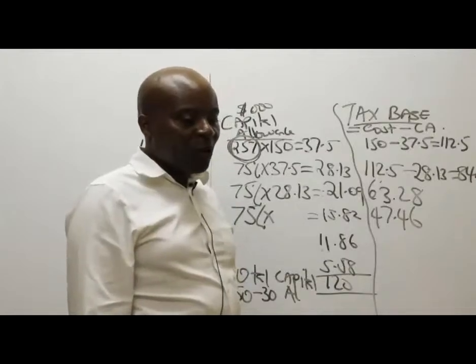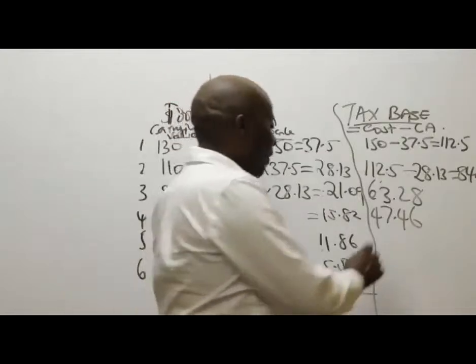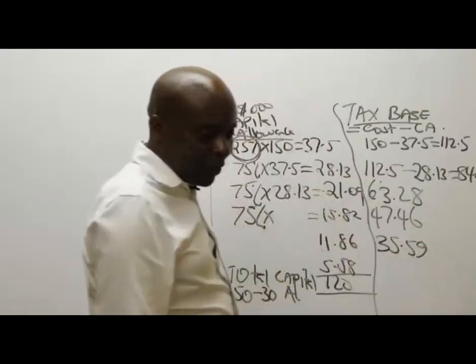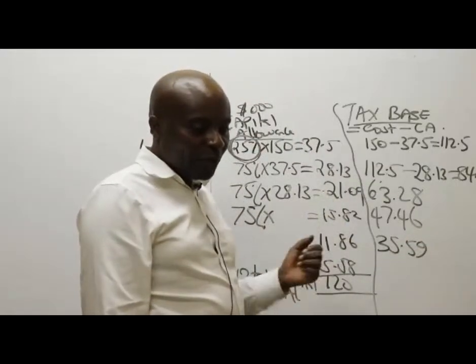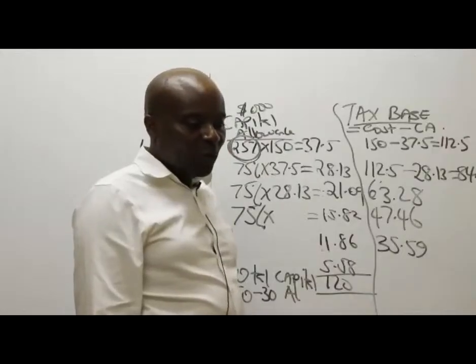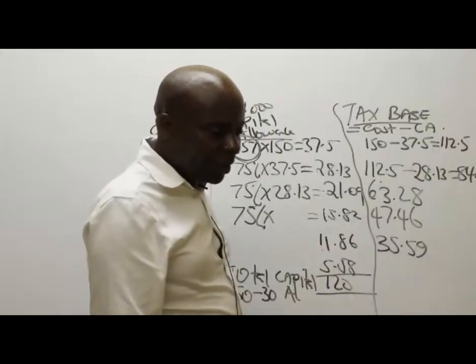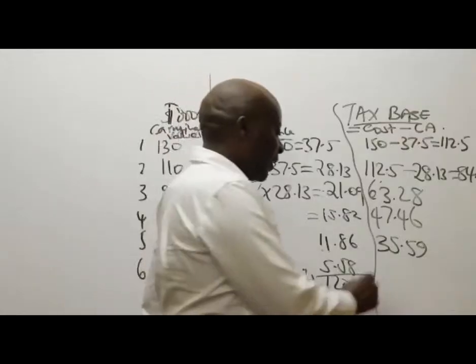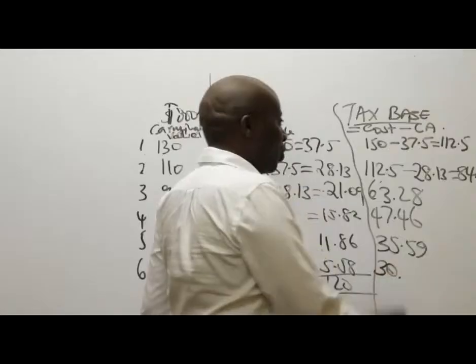We have here 35.59, and then we have now the last one. The last one will be what here, somebody? 30 or 29 point something. Most of them are saying 30. Thank you so much.